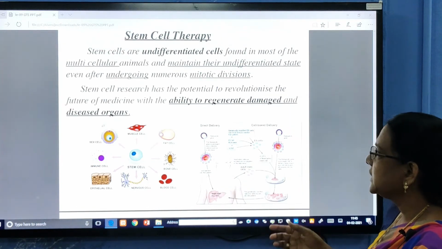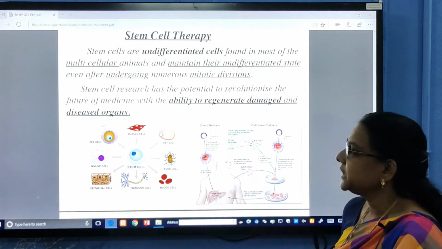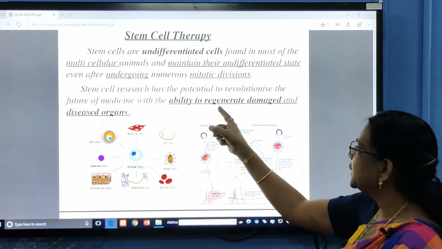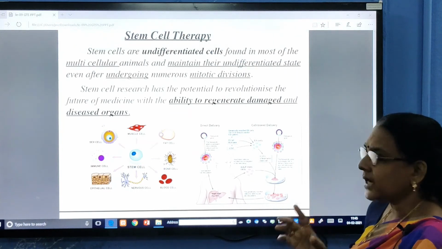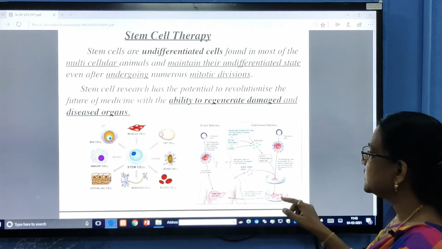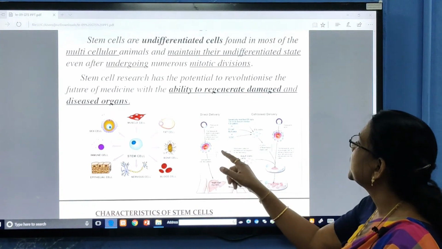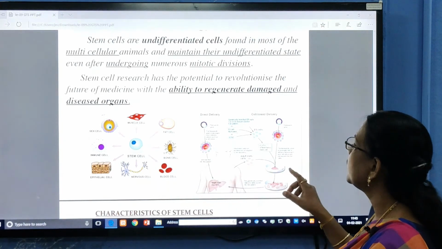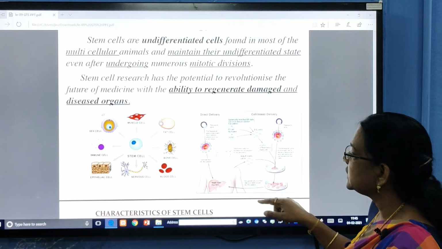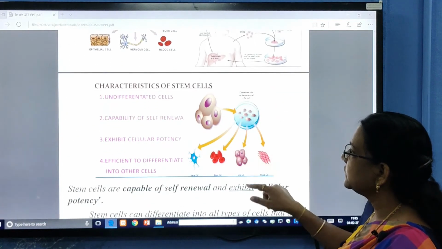So, here the stem cells have the potential, the ability, to regenerate the damaged and diseased organs. So, that potential only we need from the stem cells. Here you can see the pictures given. You can zoom and see the structures which are all formed directly by the stem cell therapy. What are the characteristic features of the stem cells?